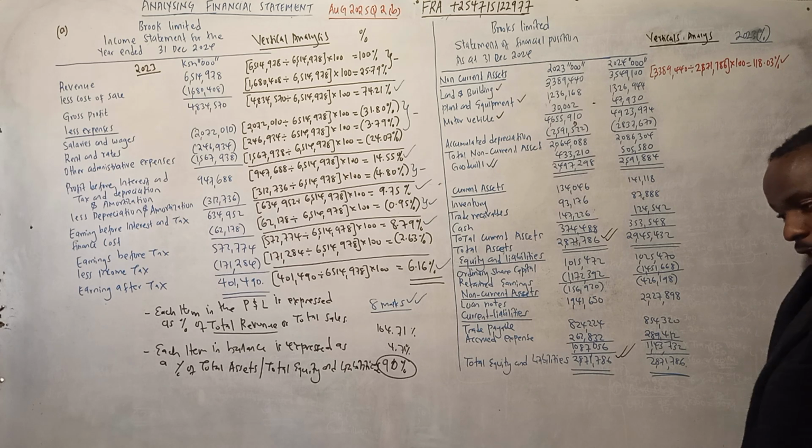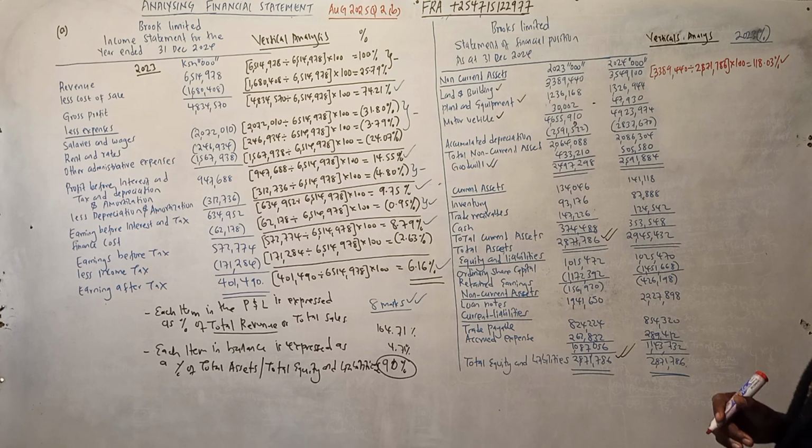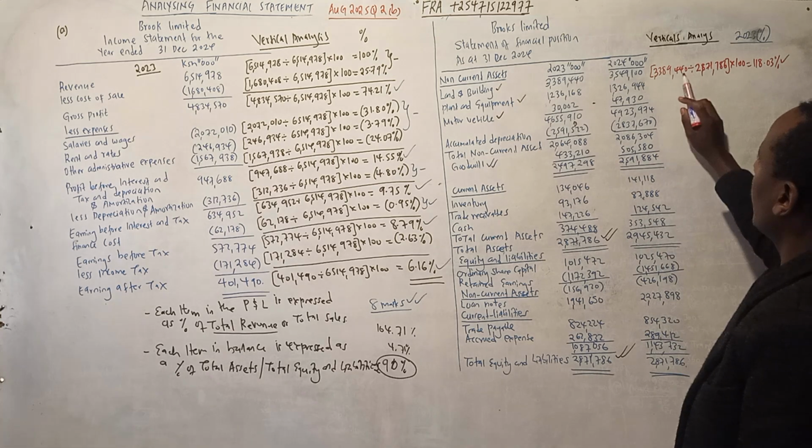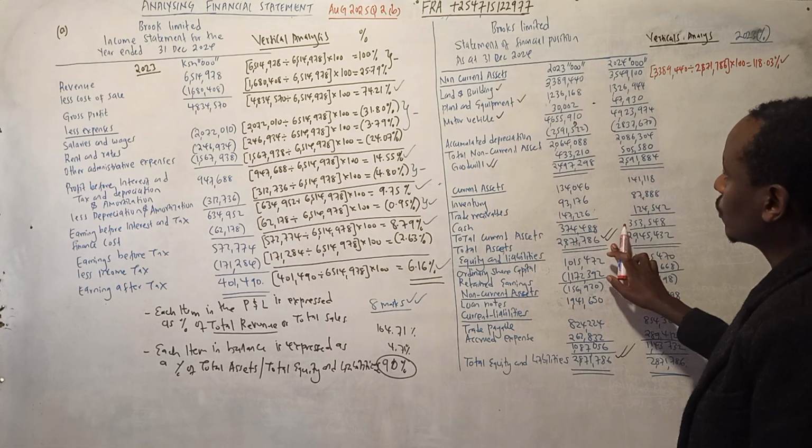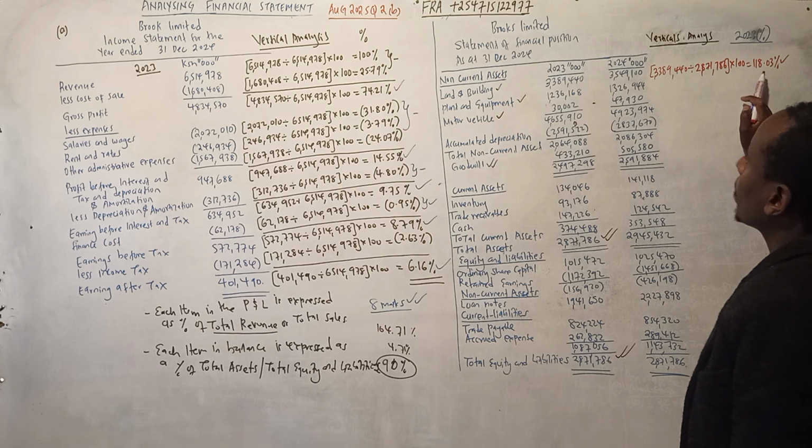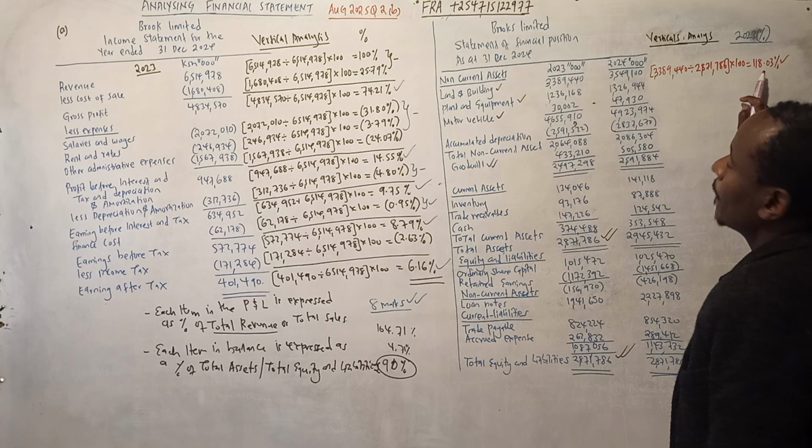Now that one represents the land and building as a percentage of total assets. So we can say 118% of the total assets.